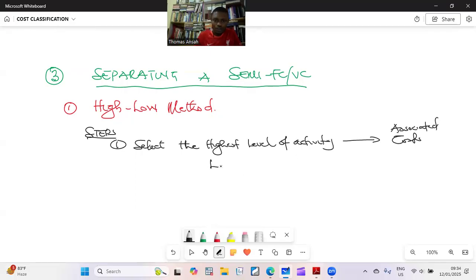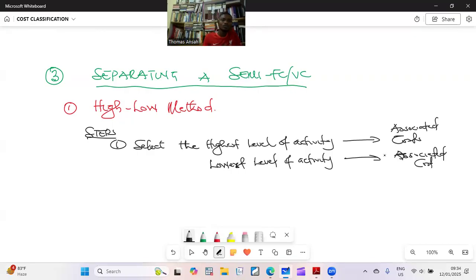Not only that, also do it for the lowest level of activity and its associated cost as well. So that is step one.